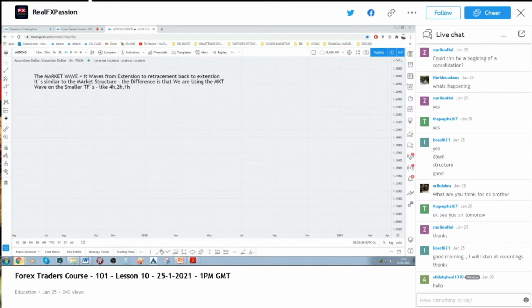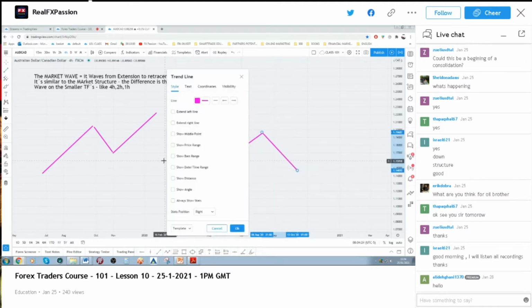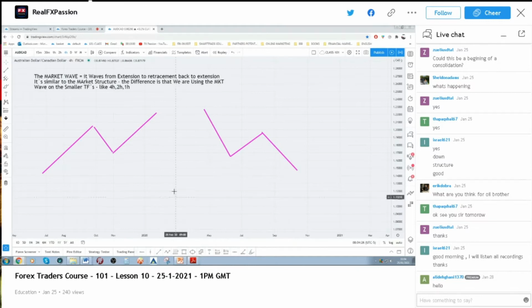Okay, so the market wave, one more time, has an extension, then it's going to have a retracement, and then it's going to have an extension. In a downtrend, a down market wave, you're going to have an extension, a retracement, and then an extension. Until here it's similar to the market structure. How are we going to identify it? Well, we're going to see a change in the short-term trend.